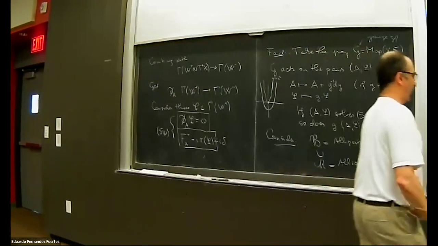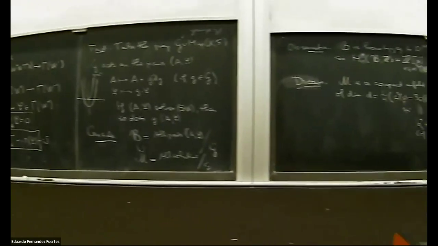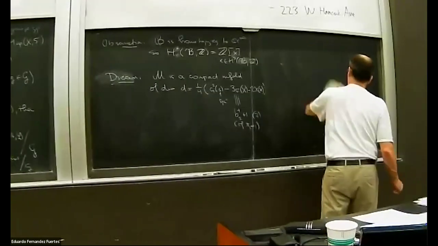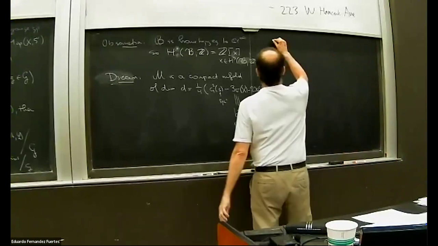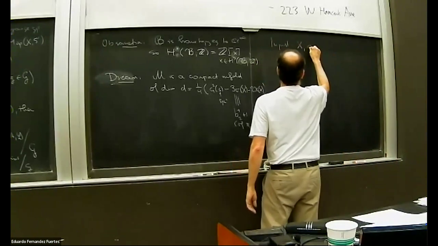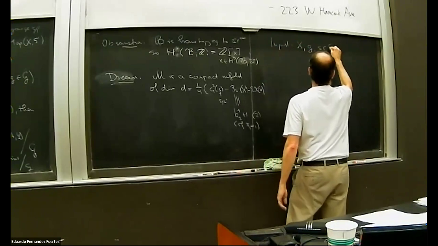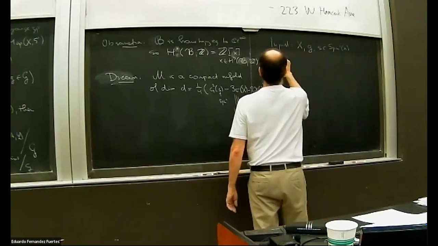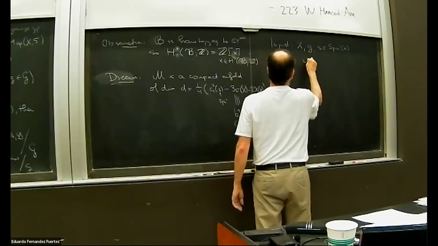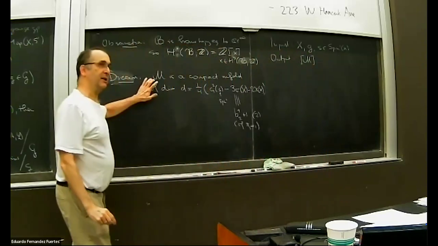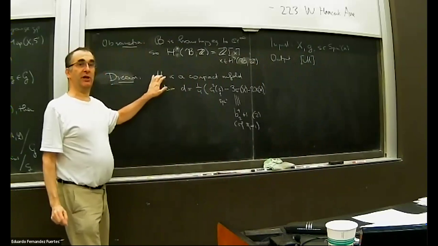So this is how we get, so the upshot is, so what was the input? The four manifold, the metric, the spin C structure, and then the output is this. Okay, I forgot to mention one thing. It's not only a compact manifold, but it's orientable.